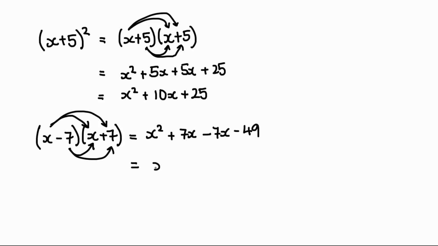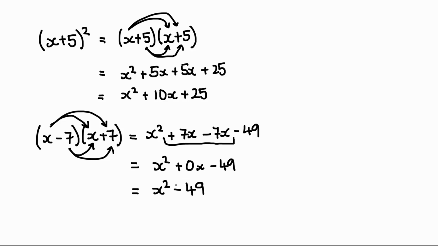So now when we combine like terms, we get x squared, and these two terms cancel each other out to give plus 0x minus 49. And since this is maths, we don't actually write 0x, so we just write down x squared minus 49.